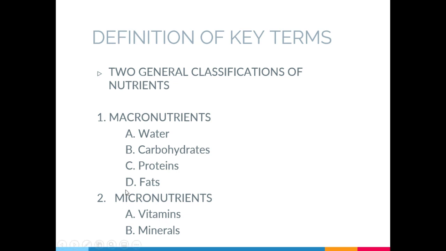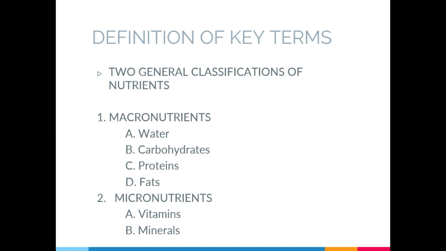So, what are those macro and micronutrients? We have two general classifications of nutrients: the macro and the micronutrients. What do you mean by macro? Macro means big, large. Therefore, these nutrients comprise the largest amount in our food.